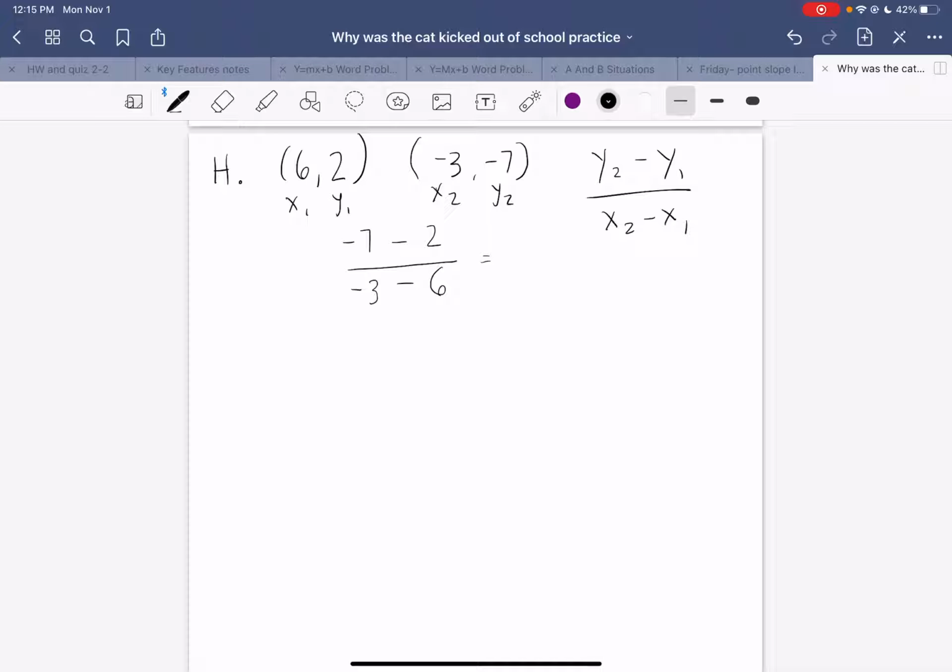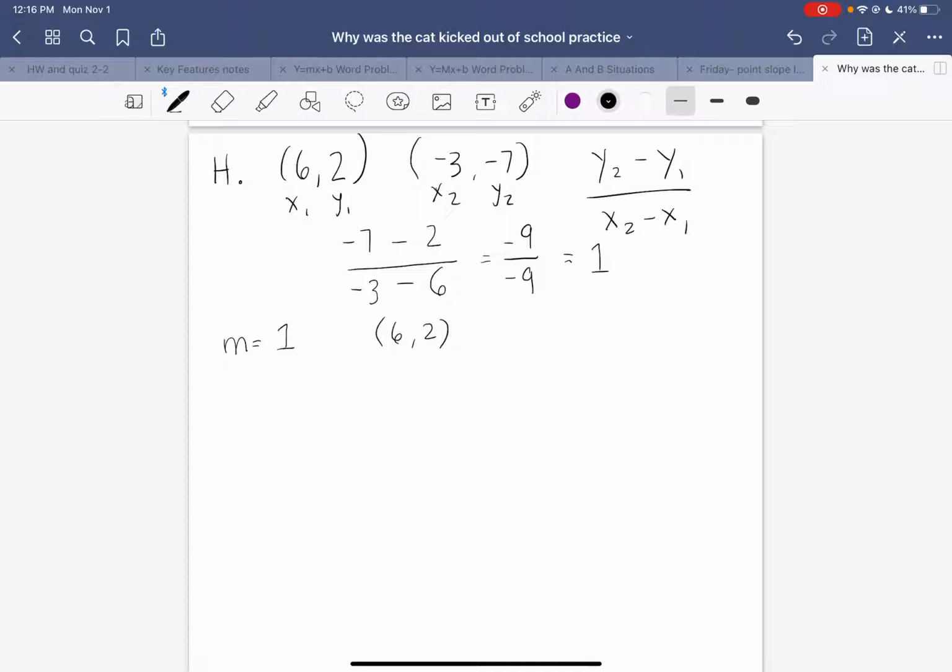So when we simplify, -9 over -9. So -9 divided by -9 is equal to a positive 1. Just 1. So now we know our m is equal to 1, and then it doesn't matter, we can use our point as 6, 2, or as -3, -7.